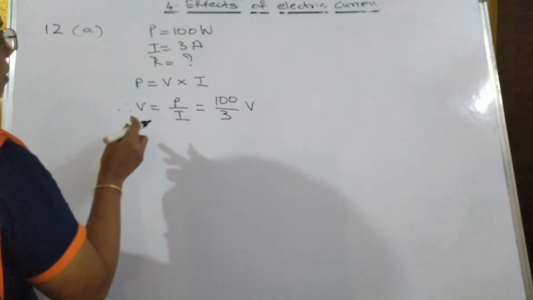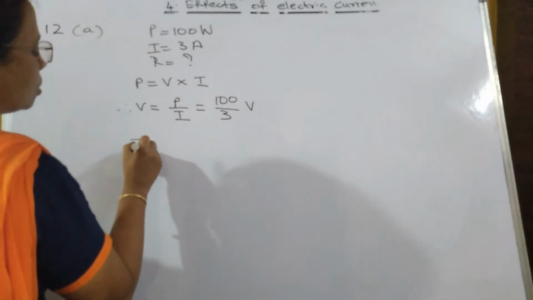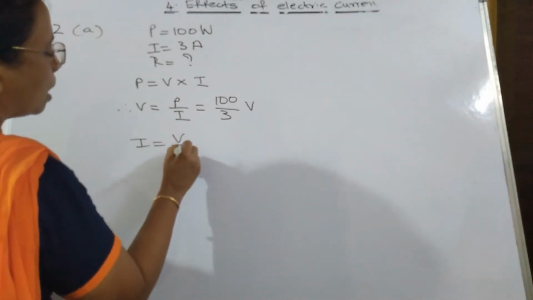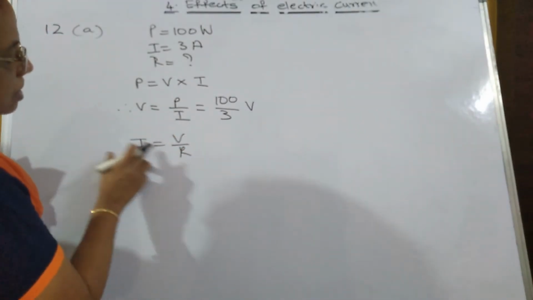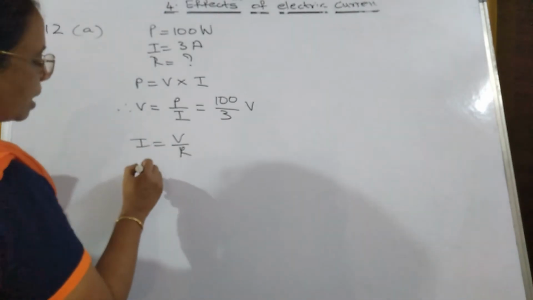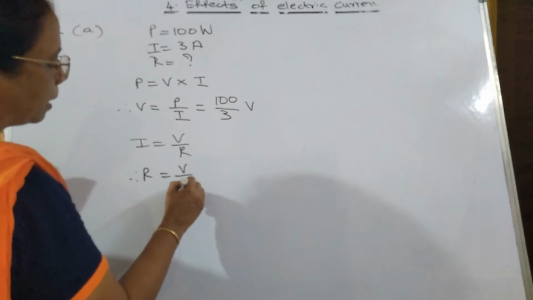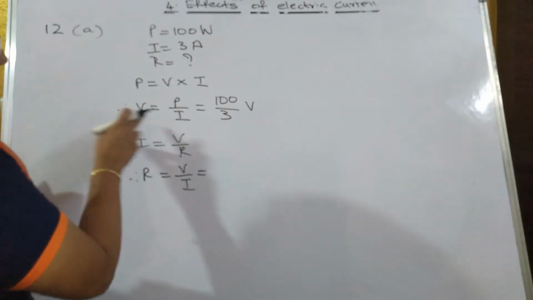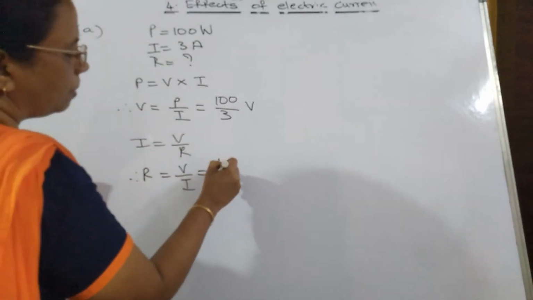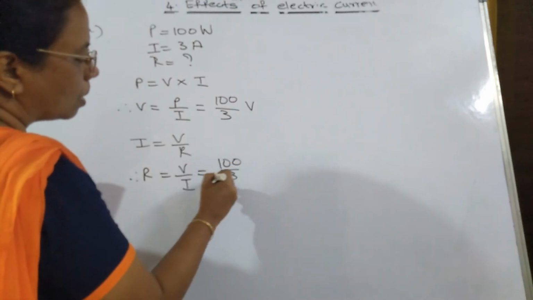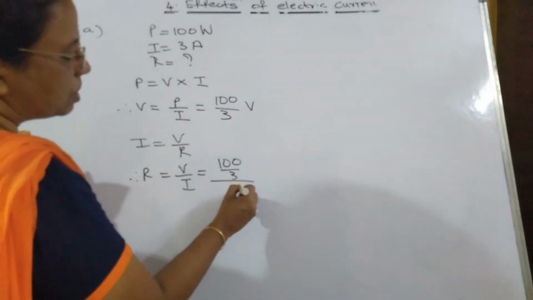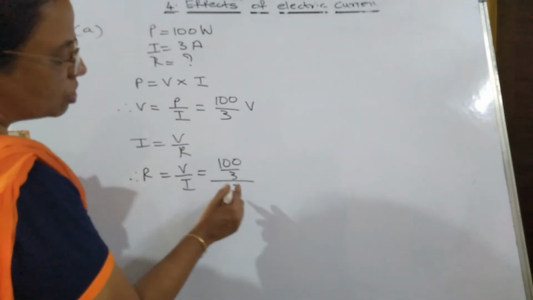Now we will find out resistance. I is equal to V upon R. Since we have to find out resistance, take this R on this side and bring I on this side. So R is equal to V upon I. V is 100 upon 3 and I is 3 ampere. Now this 3 is 3 upon 1.